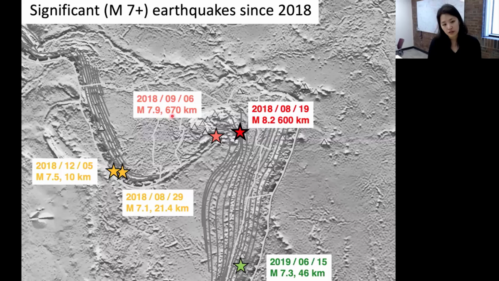Knowing the timing and location of these earthquakes from seismic data, when we processed the GPS data, we disentangled any signals that are possibly coming from these other earthquakes. Yeah, thanks for asking that.